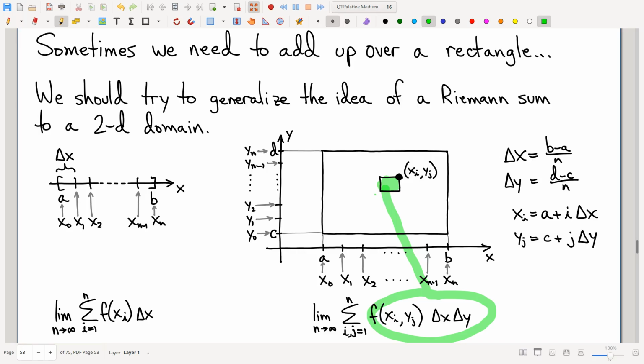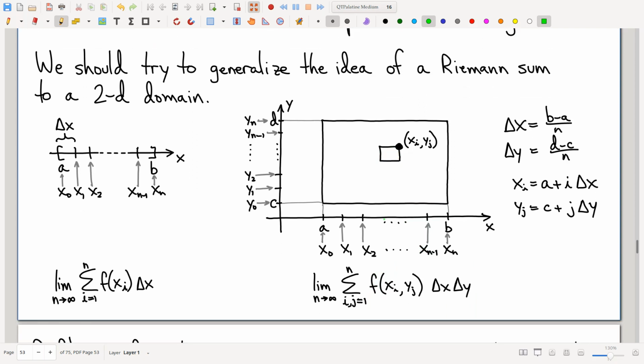Yes? Just a little confused by the addition of i, j equals 1, but then above it's just n. Yes, that's notationally, I guess, could leave a little something to be desired. So I need i to go from 1 to n. And what that looks like over here is I need to go all the way across, right? But I need to do that not just for one particular value of j. I need to do that for all possible values of j, as j also goes from 1 to n.